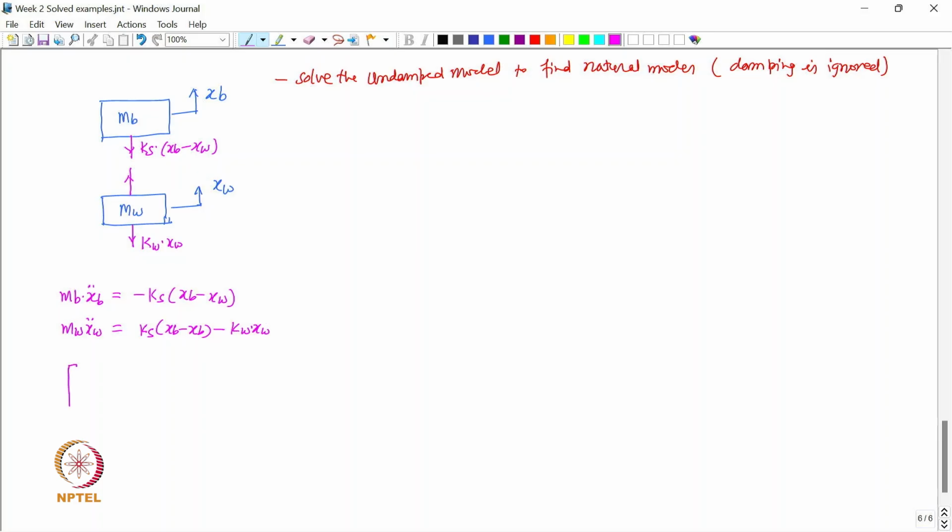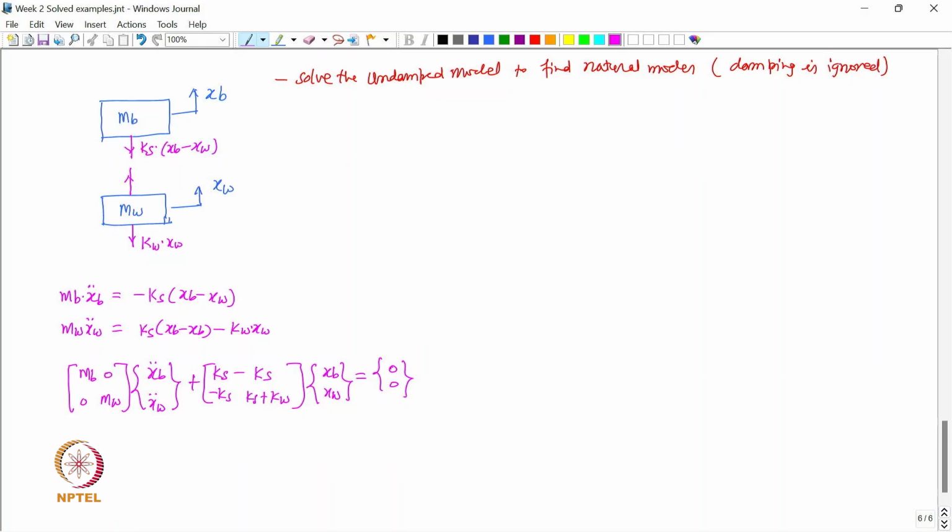If you simplify the way we did in the first problem, we will have this matrix equation: the mass matrix times the vector of xb double dot and xw double dot, plus the stiffness matrix with entries Ks, minus Ks, minus Ks, Ks plus Kw, times the vector of xb and xw, is equal to 0.